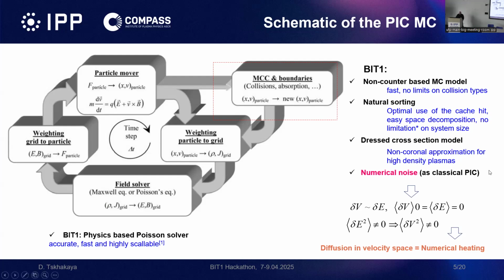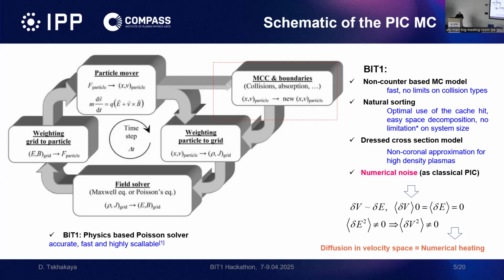So this value is zero, but you always have some inaccuracy, even round-off error. But whenever you consider a quadratic value, the square of the electric field oscillation is not zero. This means that velocity squared is also not zero. And if it is not zero, it is in analogy with diffusion: if the position change is not zero in square, this generates diffusion. And diffusion in velocity space is the same as numerical heating. So one has to take care that numerical heating does not arise.